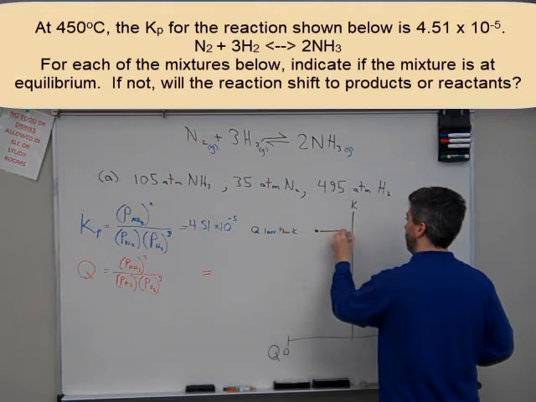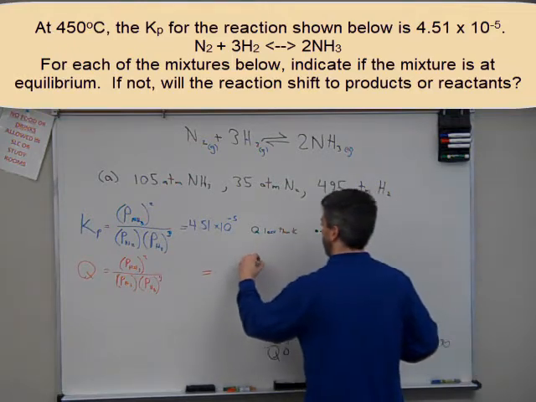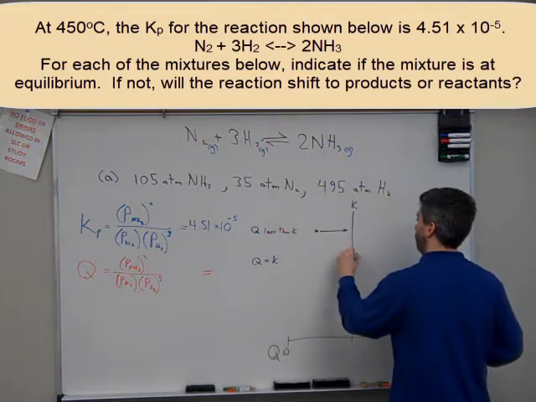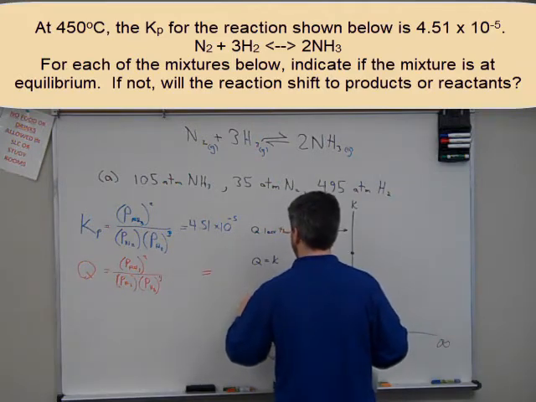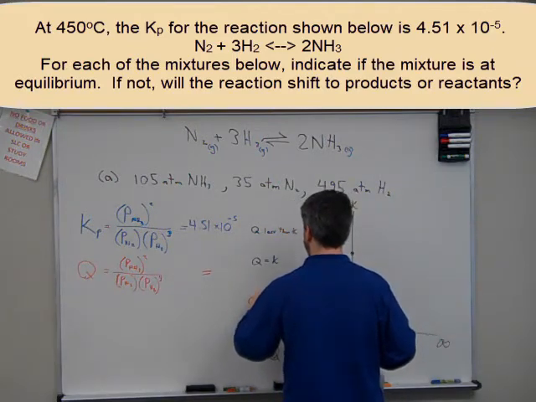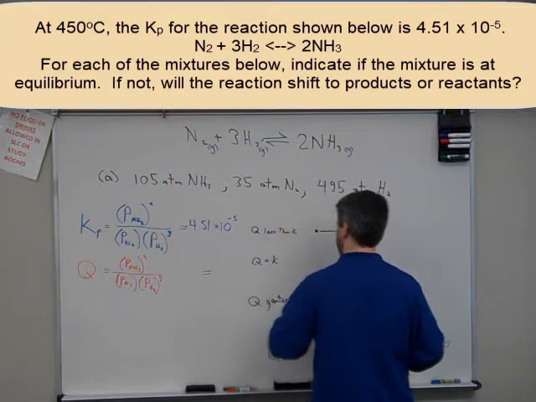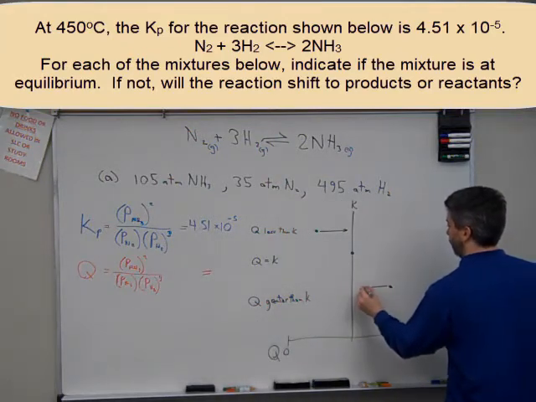Less than K, it shifts to the right. If Q is equal to K, it's right on the line. It doesn't move. If Q is greater than K, I should just use the greater than symbol. Here. Q is greater than K, it shifts to the left.